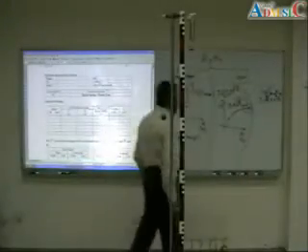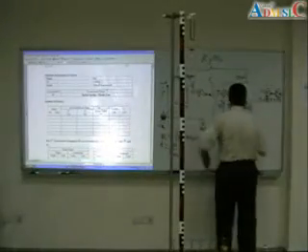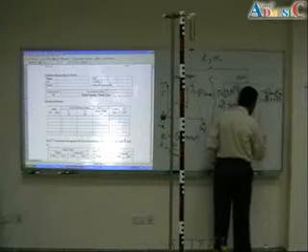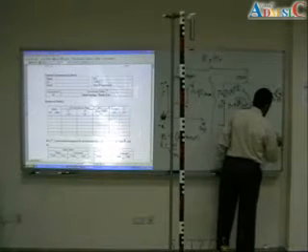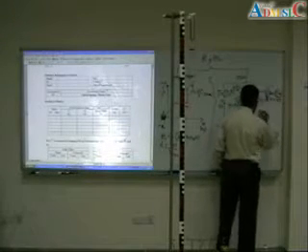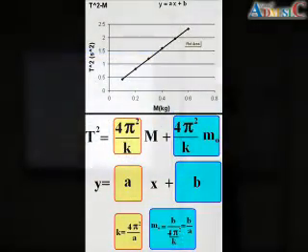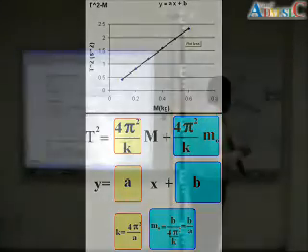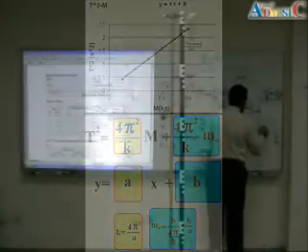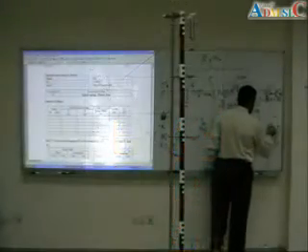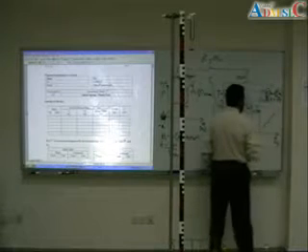The other one is the same by graph paper. Plot between m in kilogram and T squared in seconds. You get some points, read them, and then you get the straight line.